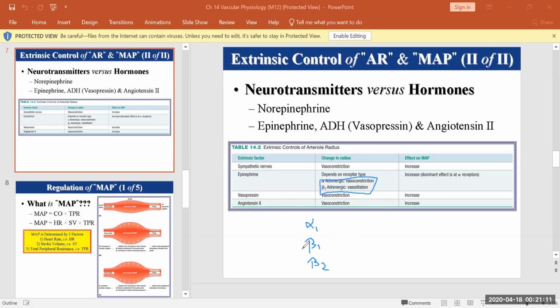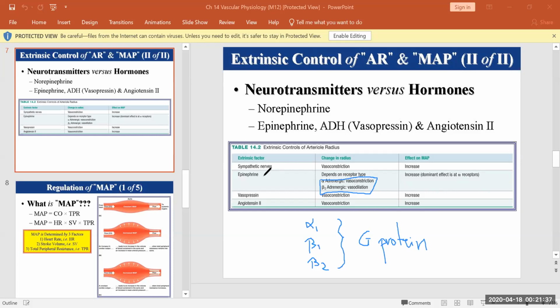But this is important for you to go back and refresh your memory. All three of them are G protein coupled receptors. Okay, we're going to talk about that when we get there. But keep that on the back burner.